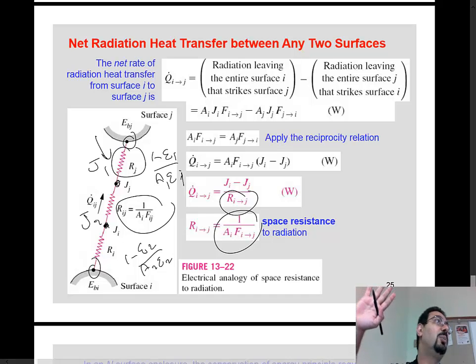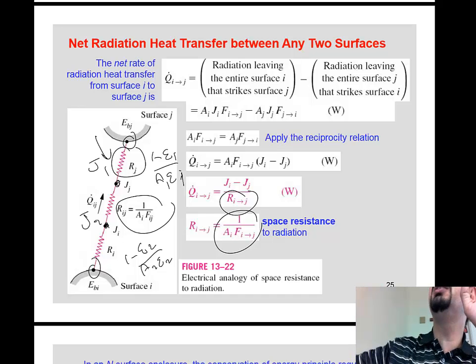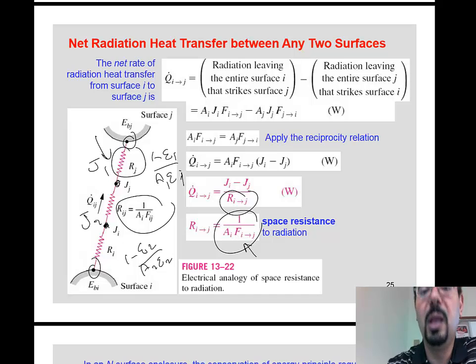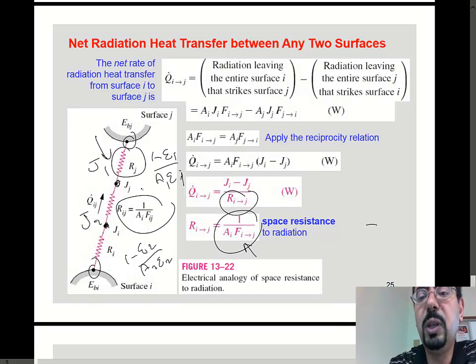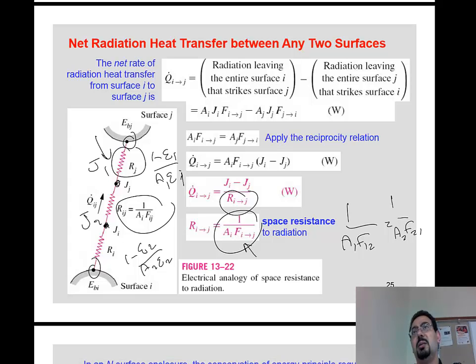It's the view factor part. It's basically how far the surface is, what angle you are seeing it. So that resistance depends on the F between the two bodies, and can be 1 over A1 F12 or 1 over A2 F21. Same thing. A1 F12 is the same as A2 F21.